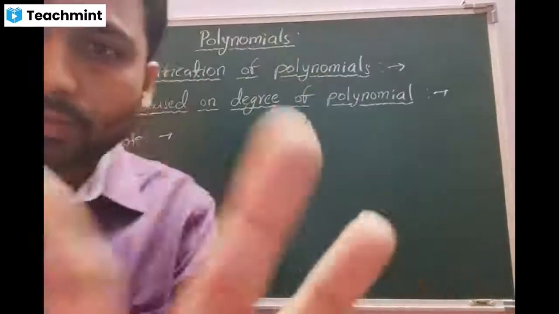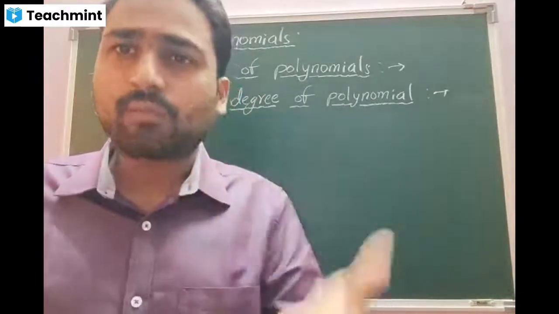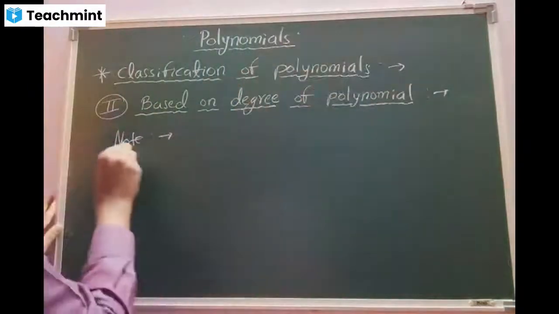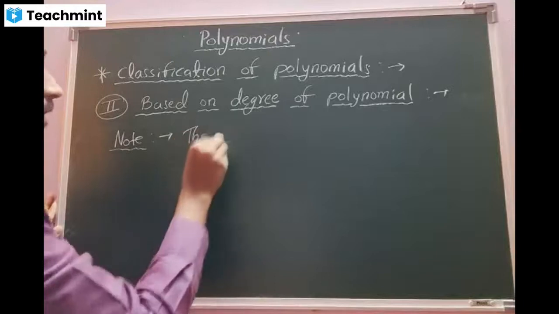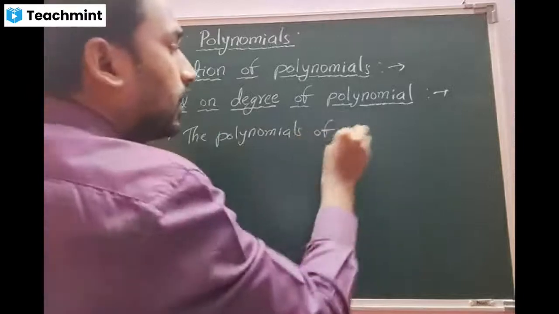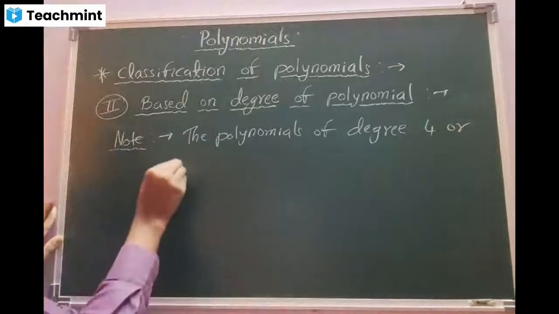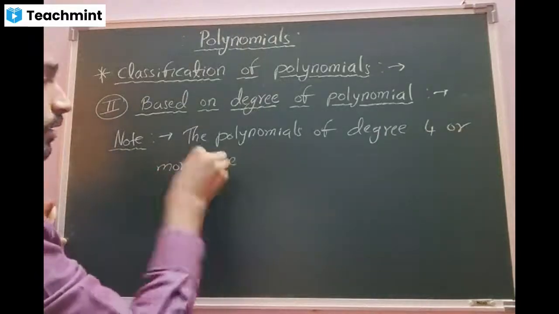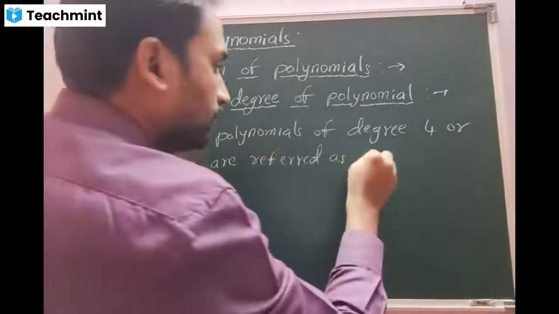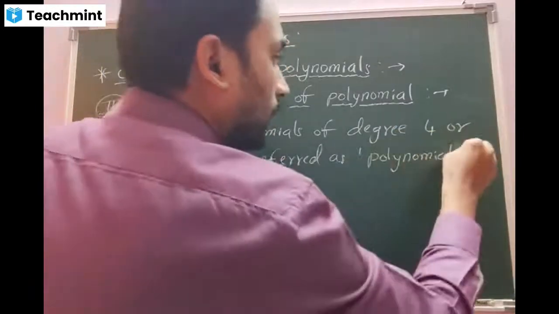Students, if the degree of the polynomial is 4 or more than 4, beta, we call them polynomials only. Is that clear? The polynomials of degree 4 or more are referred to as polynomials only.